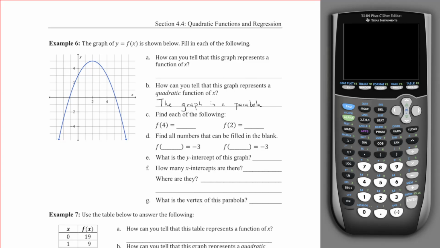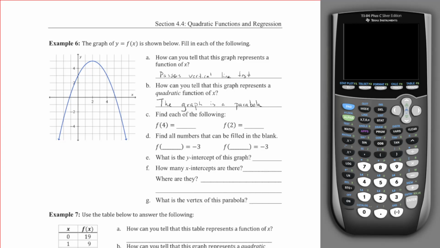And we know that it's a function because it passes the vertical line test. Any vertical line that we can draw across it only crosses the graph once. So we know it's a function because it passes the vertical line test. We know it's a quadratic function because it's specifically parabola shaped.